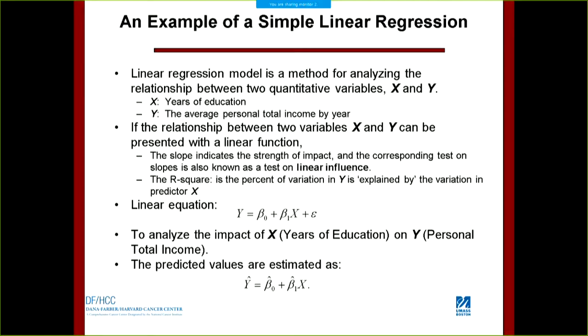So I aggregate the spreadsheet data by the years of education to make the average value of the personal total income by years of education, and then apply the linear regression model.